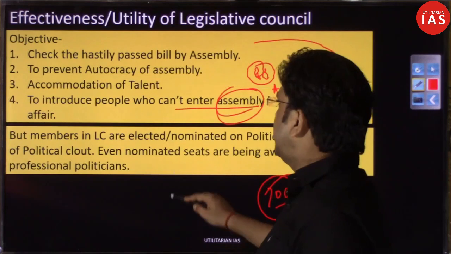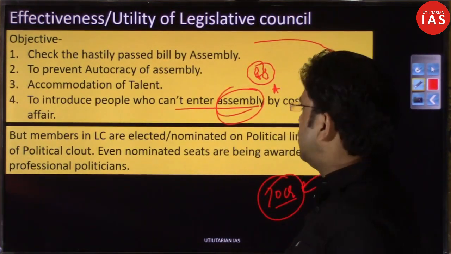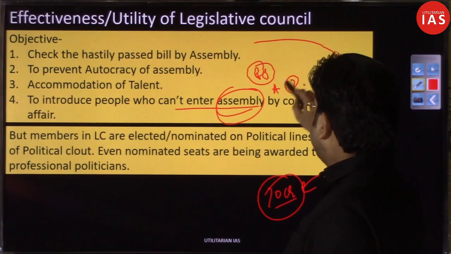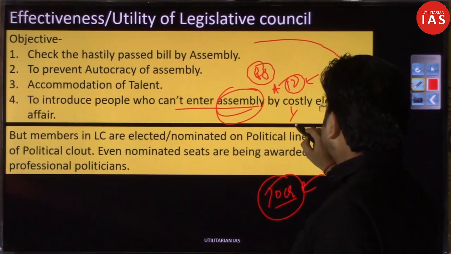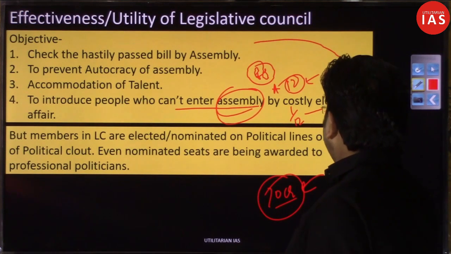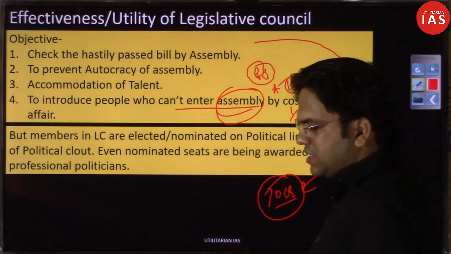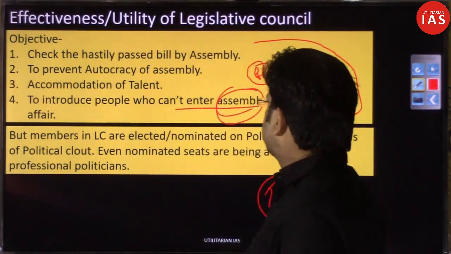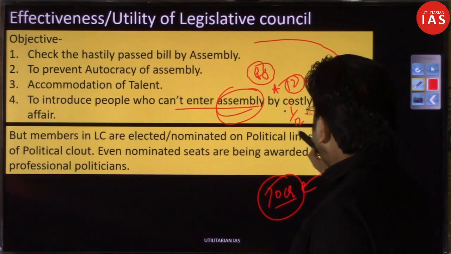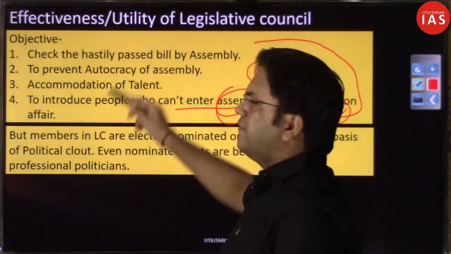But what is happening here is that, leave alone the election method, even through nomination, whatever power the President has to nominate into the Rajya Sabha, or whatever power the Governor has for the legislative council, for people belonging to science, art, literature, social sciences, special knowledge, even in those areas, professional politicians are being nominated.